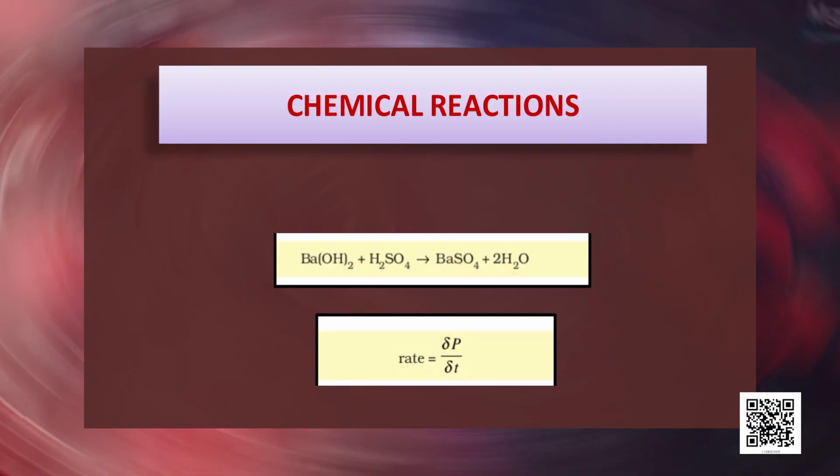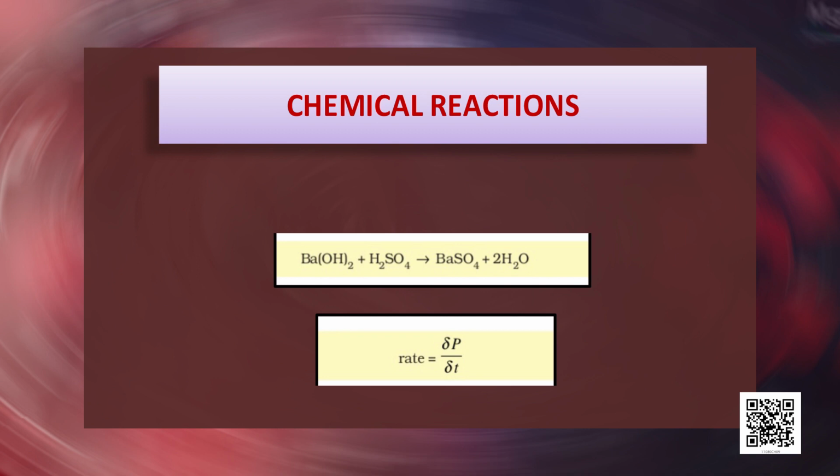As you can see on the screen, when barium hydroxide reacts with sulfuric acid, it forms barium sulfate and water molecules. How do we calculate the rate of a reaction? Rate of a reaction is a measure of how much reactant is consumed or how much product is produced in a given amount of time.